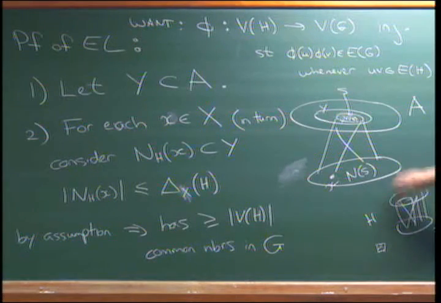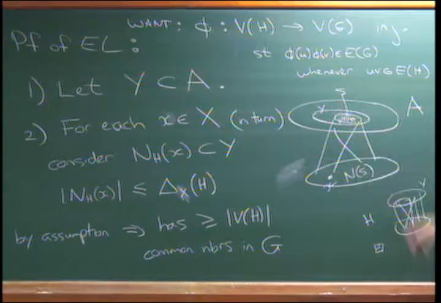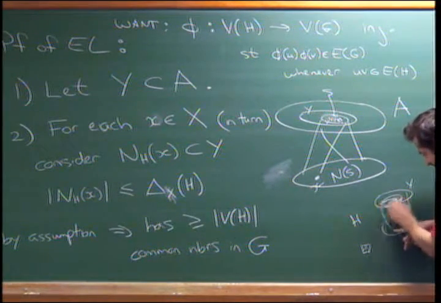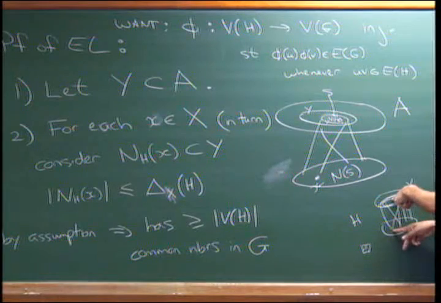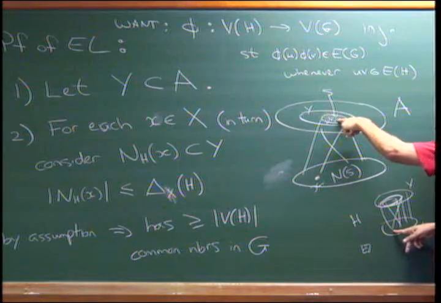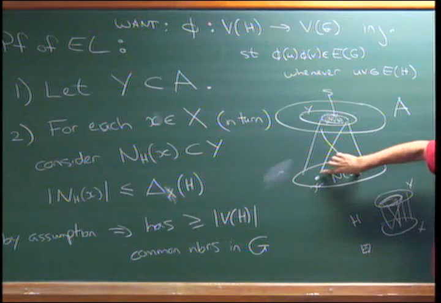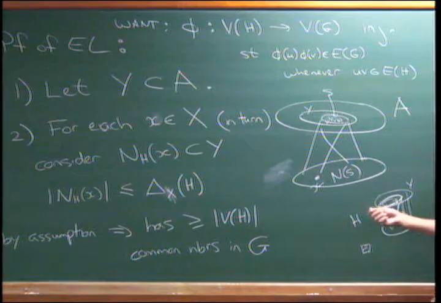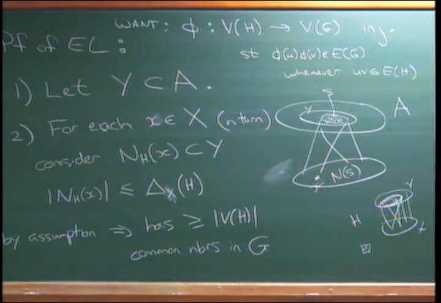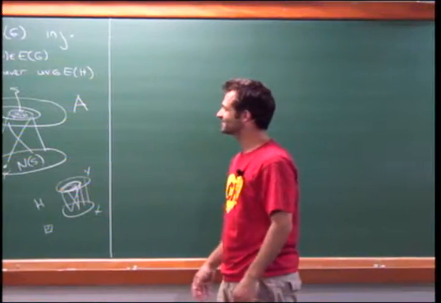So we just take Y, put it in A, and then for each vertex of X, we look at the neighbors we wanted to have, we look at the corresponding vertices in G, look at their common neighborhood, it's big, so there's a vertex that we can use. Okay, good. So very simple.